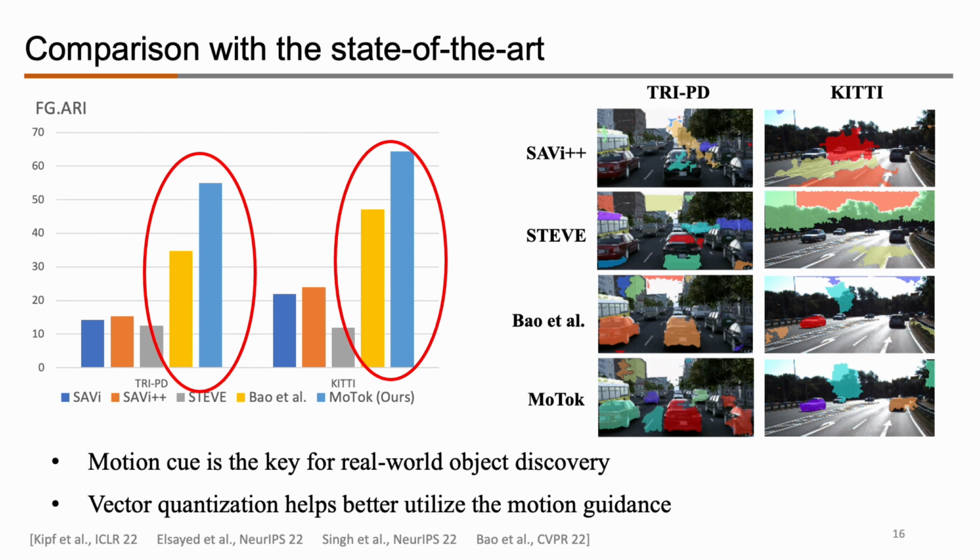Next, compared with another motion-guided method reconstructing in RGB space, our model has more advanced results in both benchmarks, illustrating that the mid-level token space helps better utilize the motion guidance to resolve the object and background ambiguity, so that it benefits the object discovery task.